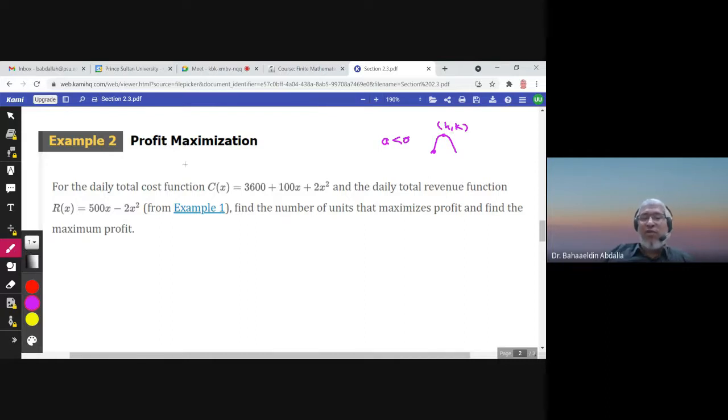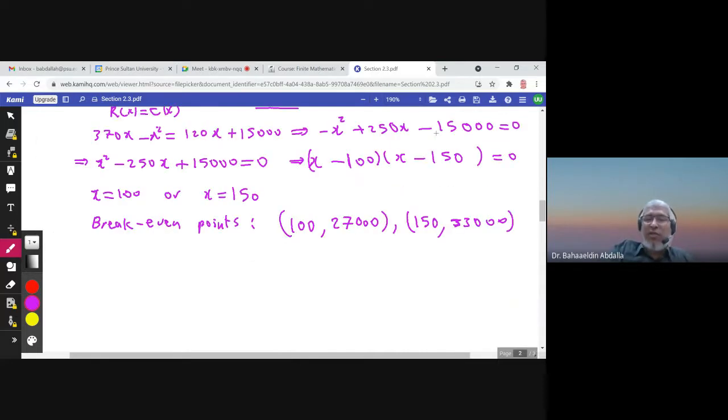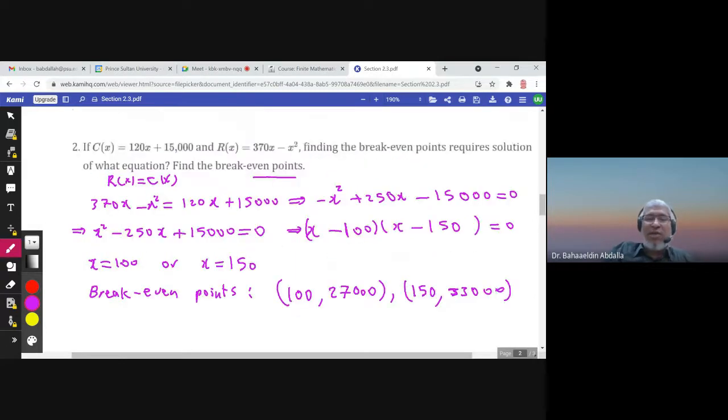Also, the revenue function. If the revenue function is written as a quadratic function where a is less than 0, same thing. So k would be the maximum revenue, and h the number of units that maximize the revenue. So for example, here in this question, the revenue function is written as a quadratic function with a less than 0.